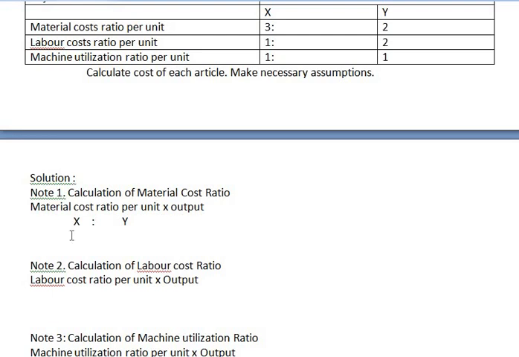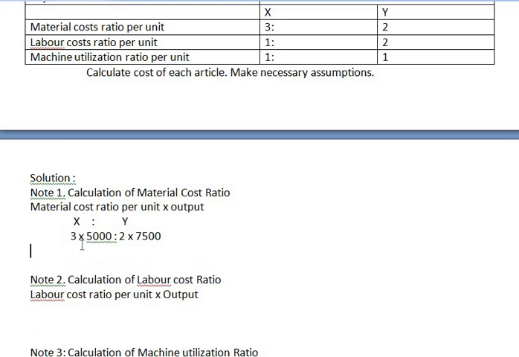Now, material cost ratio per unit is how much? It is given in the problem here. Material cost ratio per unit for X it is 3 and for Y it is 2. So it is 3 into, output X they are manufacturing how many units? They are manufacturing 5,000 articles. Y is 2 into, they are manufacturing 7,500 units.